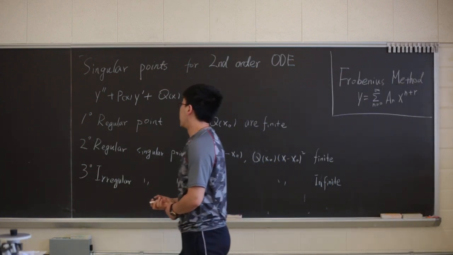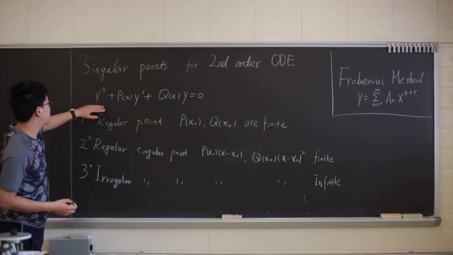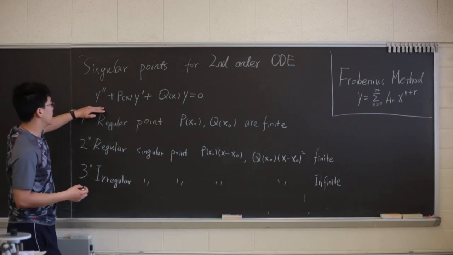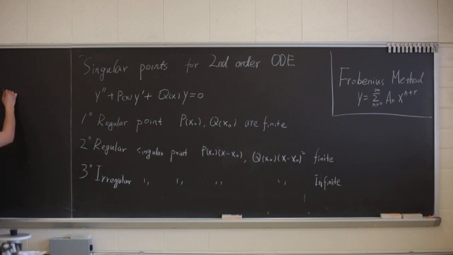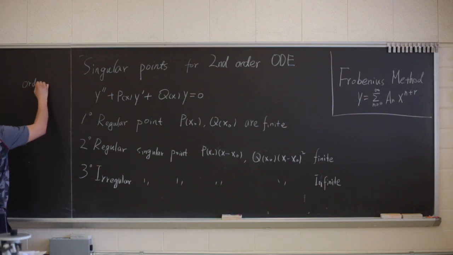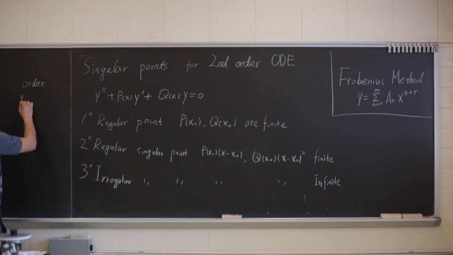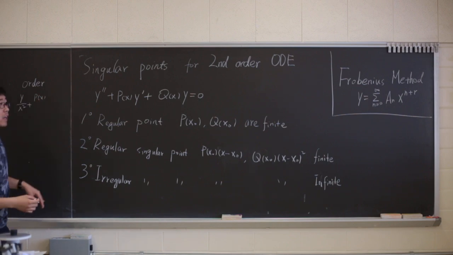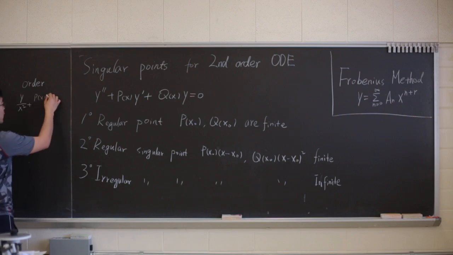But for now, you can just think, if I take the double prime, you get something in the order of y over x squared. I'm just talking about the order, not the actual solution.